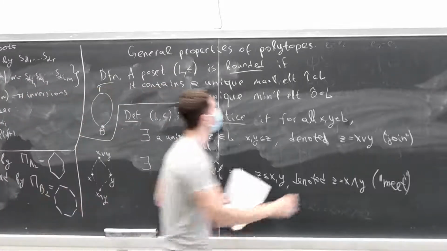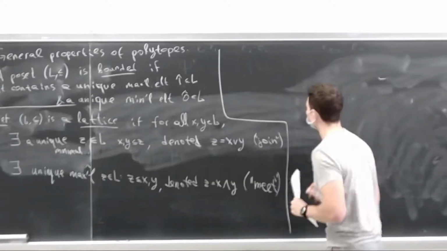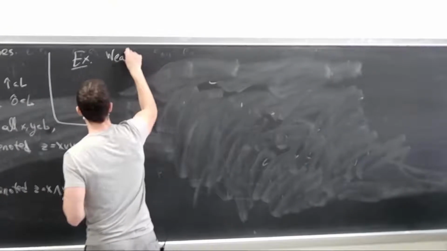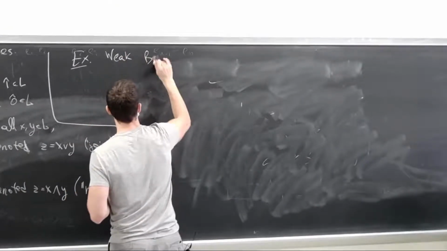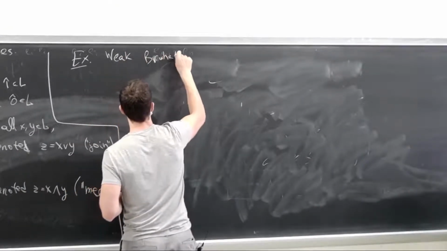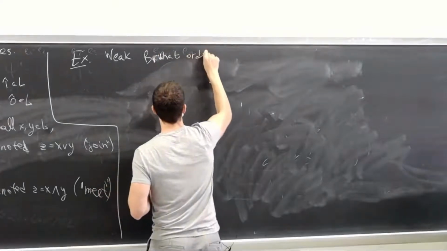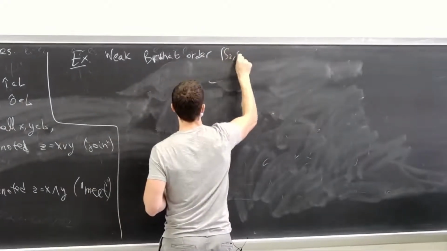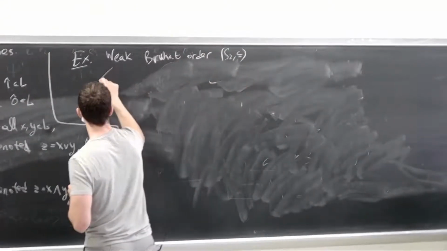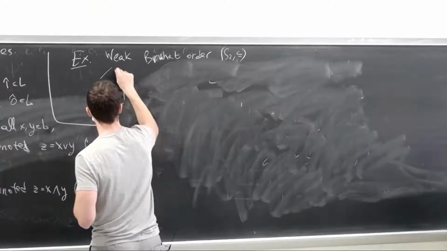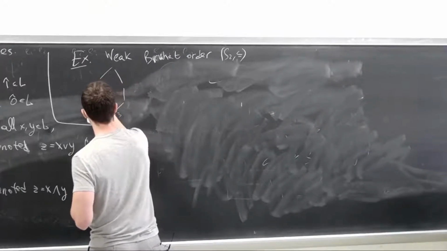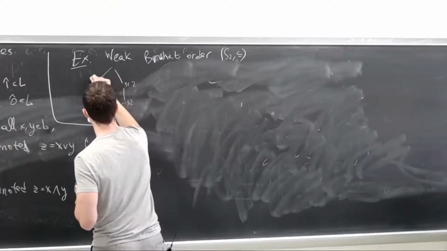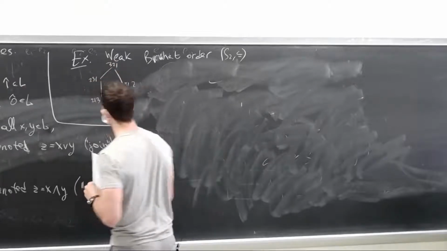All right. Any questions on the definitions? Let's try an example. Let's say I take the weak Bruhat order on, let's say, S3: 1 2 3, 2 1 3, 1 3 2, 3 1 2, 2 3 1, 3 2 1.